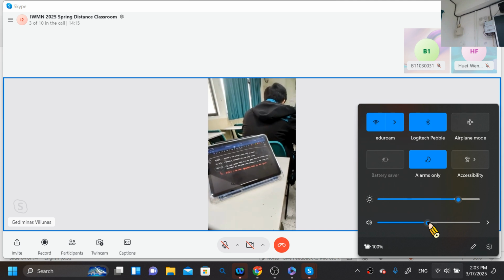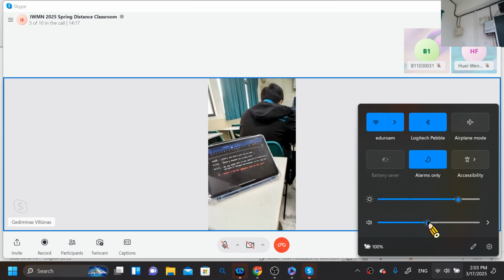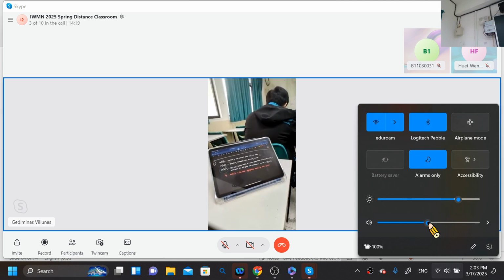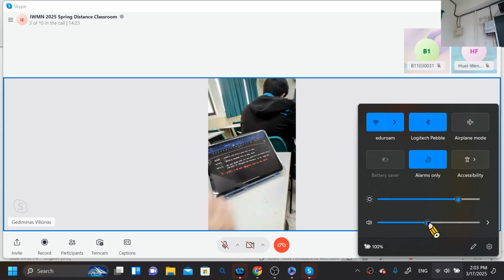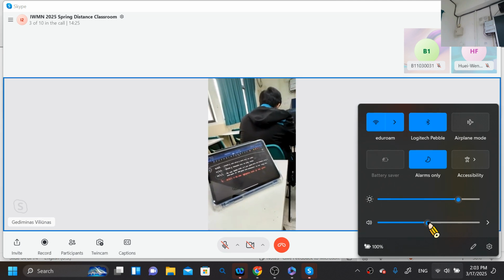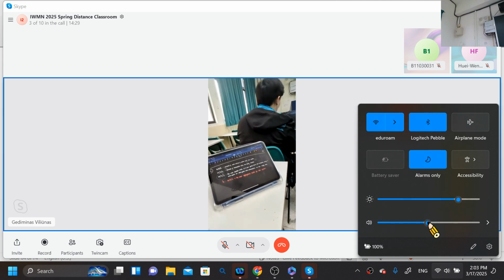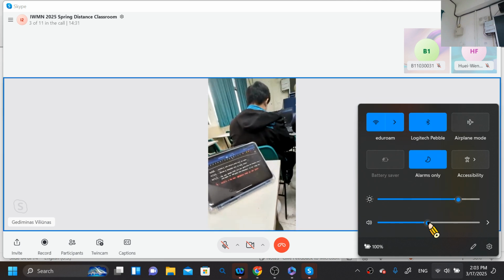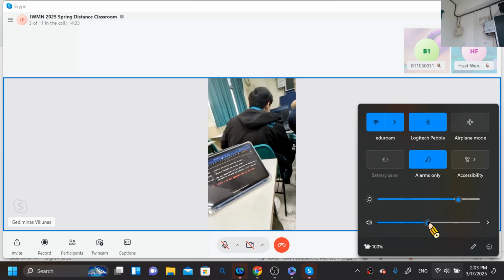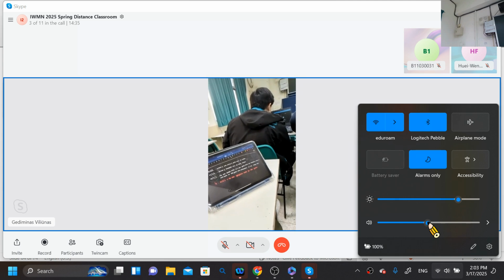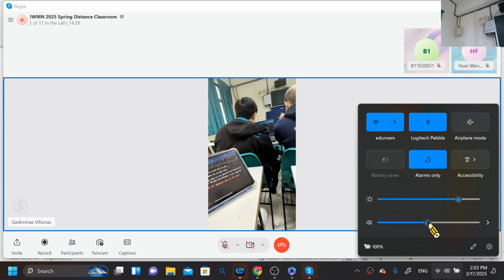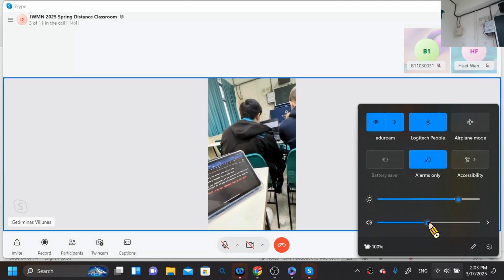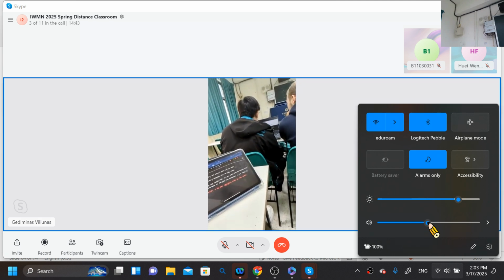M/G/1. Reason? Flexible. As it allows general service time distribution, making it more realistic for a queue system where the transmission can have varying data.